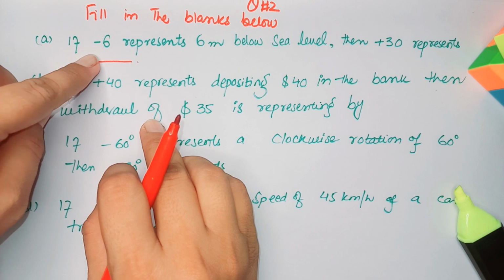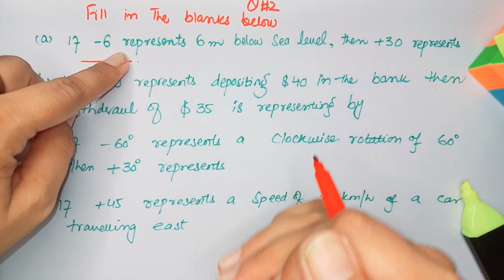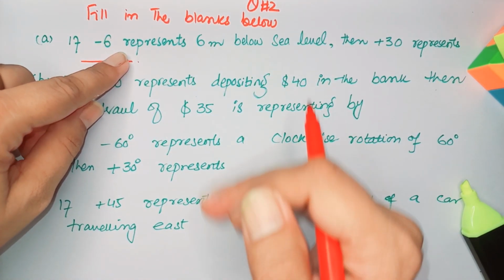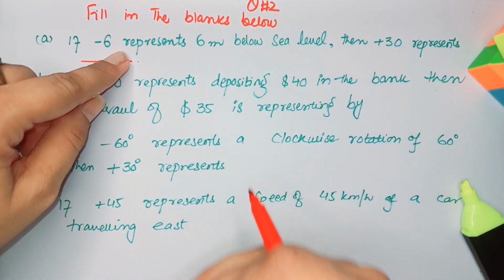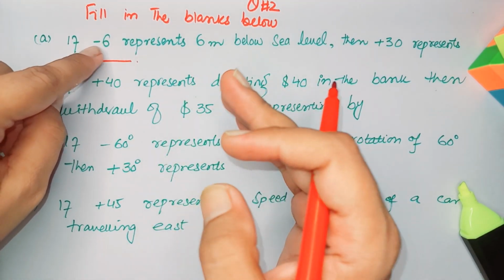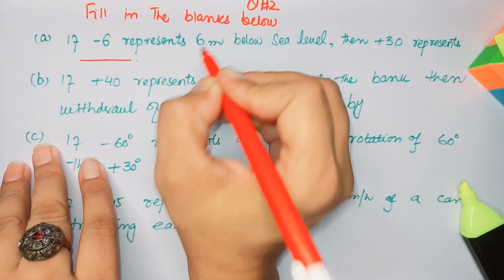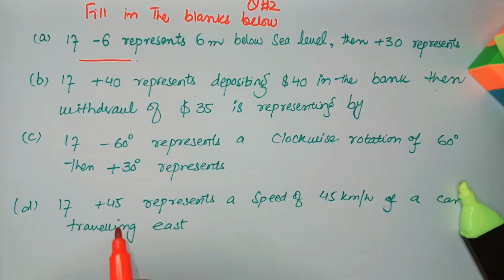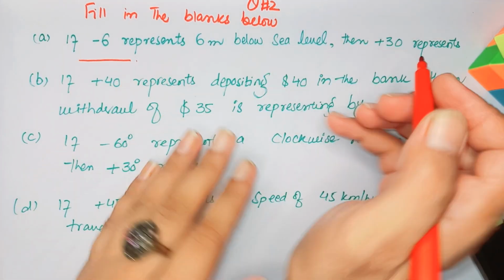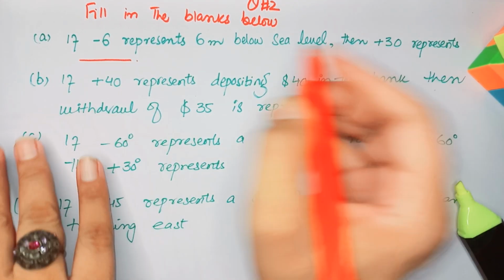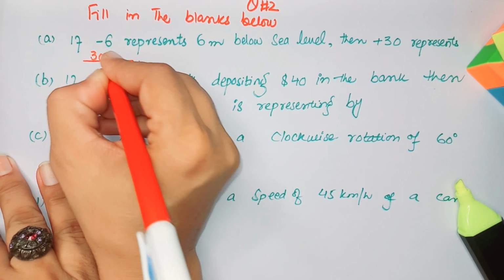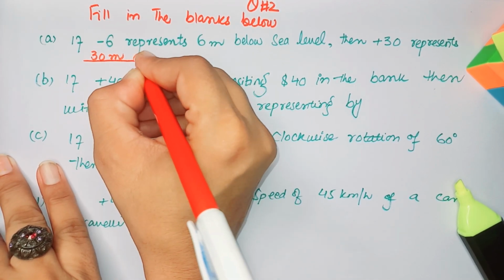Minus 6 represents 6 meters below sea level, meaning you move below sea level when it's minus 6. So analyzing this information, plus 30 represents 30 meters above sea level.